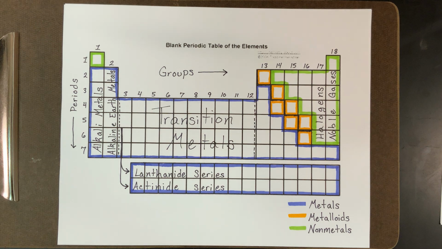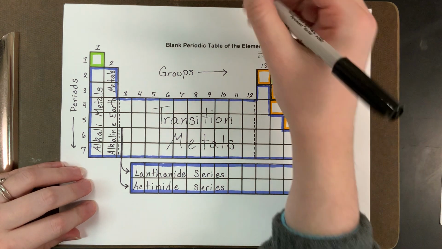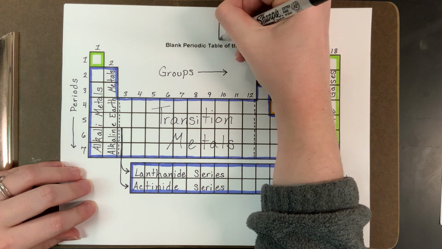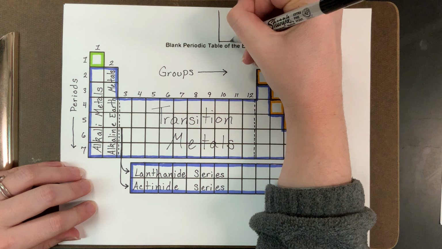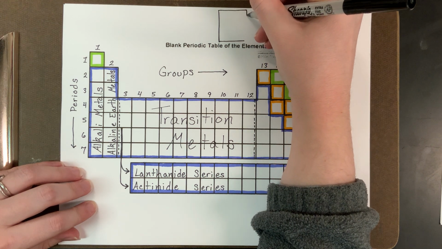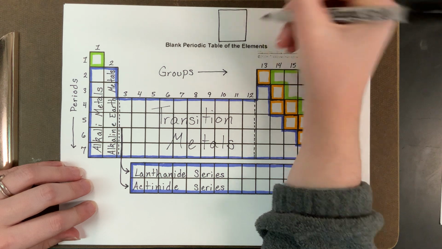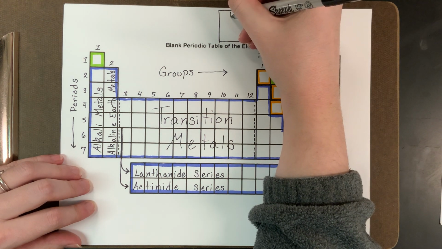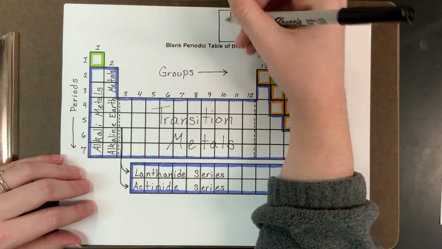All right, whenever you are looking at the periodic table, you are going to see that each box has some different components. So we're going to draw a box representing what we would find in each block on the periodic table. Okay, so when you look at a normal periodic table, you're going to see a number up at the top.